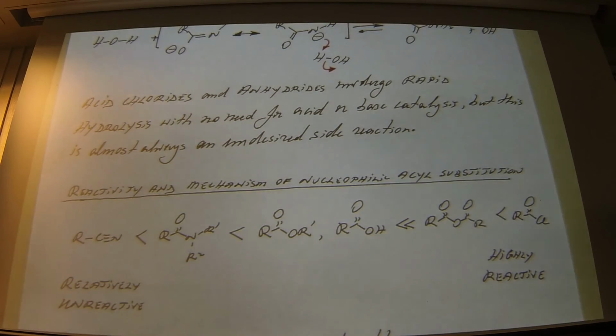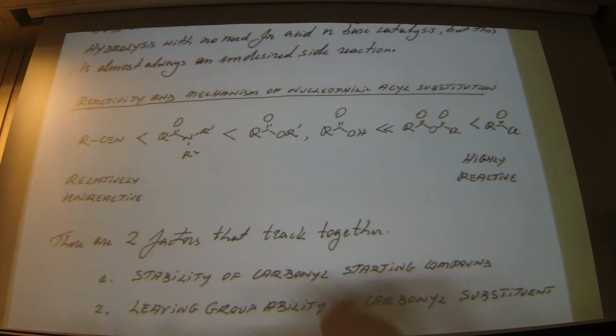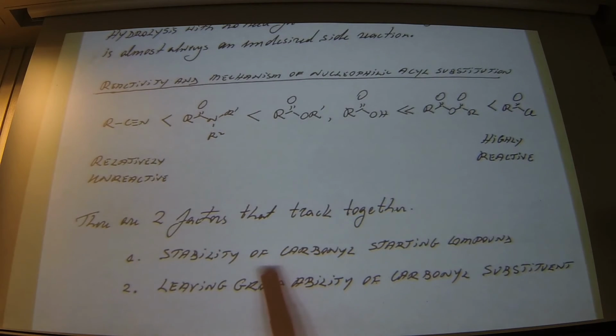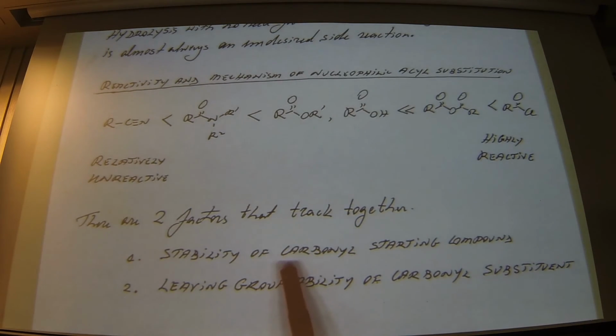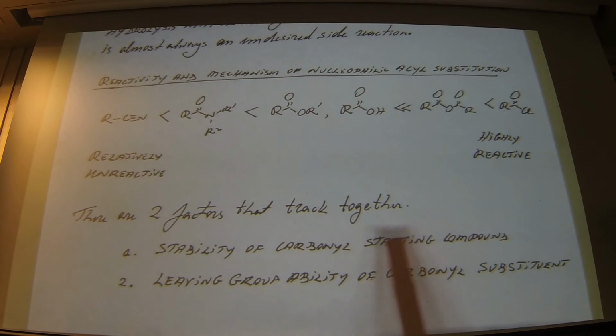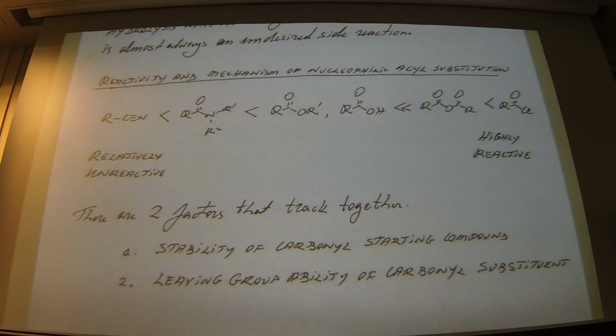Now, why is this? I already gave you one factor. When you have an electron withdrawing group attached to the carbonyl, like with the acid chloride or the anhydride, then you're activating that carbonyl, and you have a good leaving group, but you're also diminishing the stability of the starting compound. Now, why is that? Well, remember the IR stretching frequency for an acid chloride.